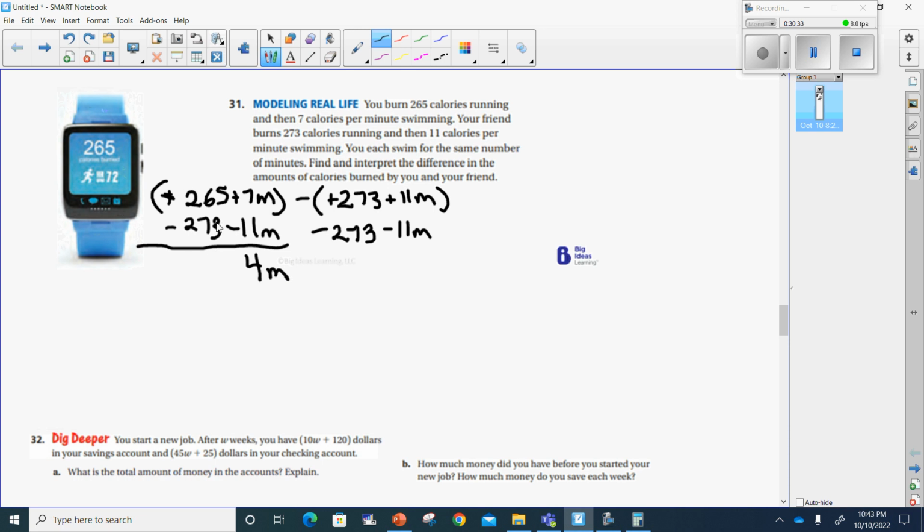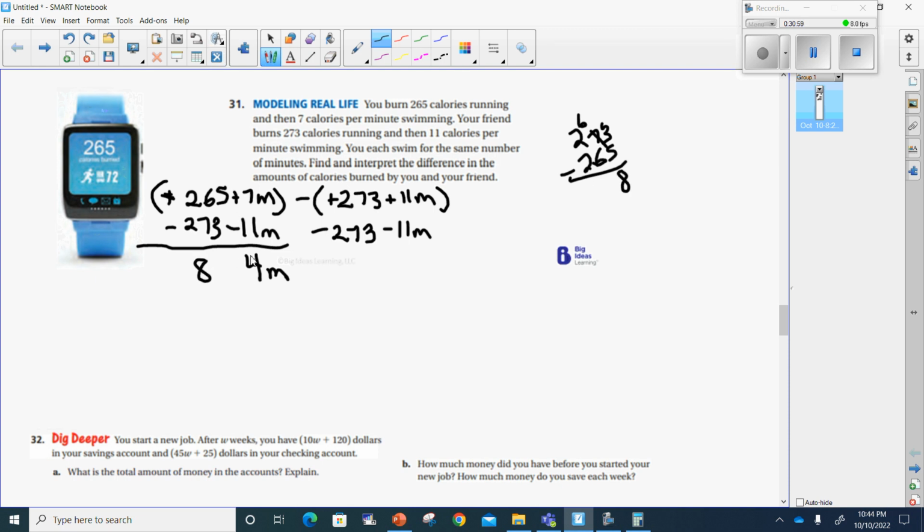And then over here, well, our signs are different. We find the difference. This is going to be 273, the big number, minus the small number, 265. To borrow one, that's going to give me 13 minus 5, that's 8. So this would be 8.